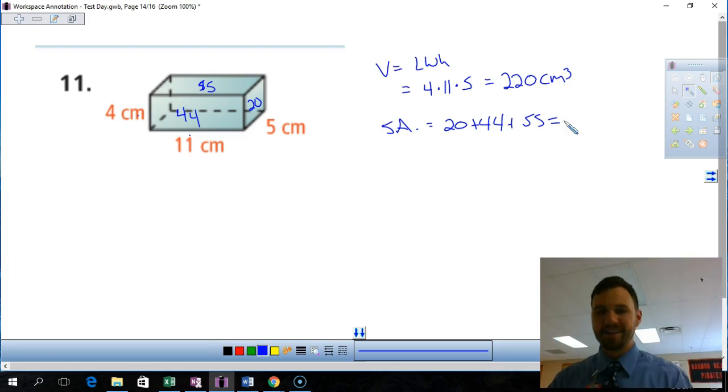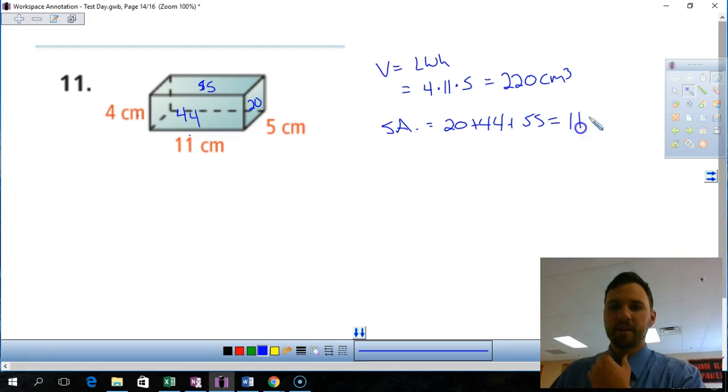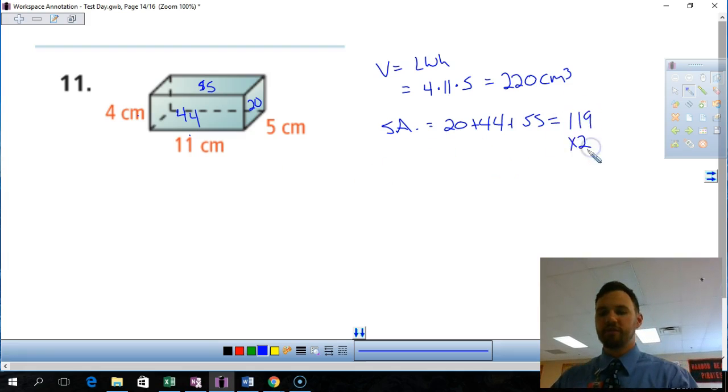That's 119, I think. So you get 119, and we times it by 2 because you can flip it over, and that's 238 centimeters squared. Ta-da!